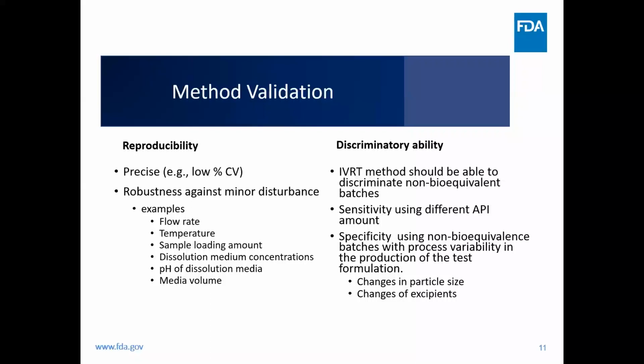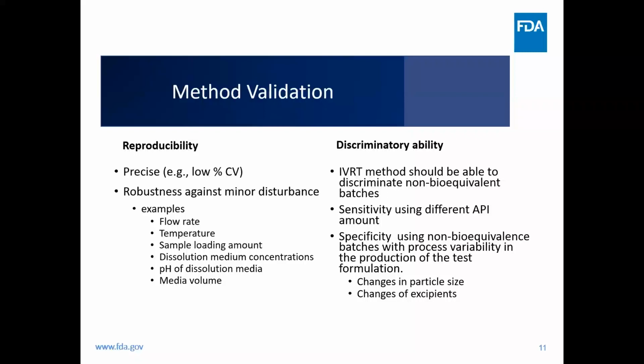So the IVRT method should be able to discriminate non-bioequivalent batches. Sensitivity of the IVRT method can be demonstrated using different amounts of API, and specificity using non-bioequivalent batches with process variability, such as changes in particle size or changes of excipient, which can be demonstrated as discriminated.